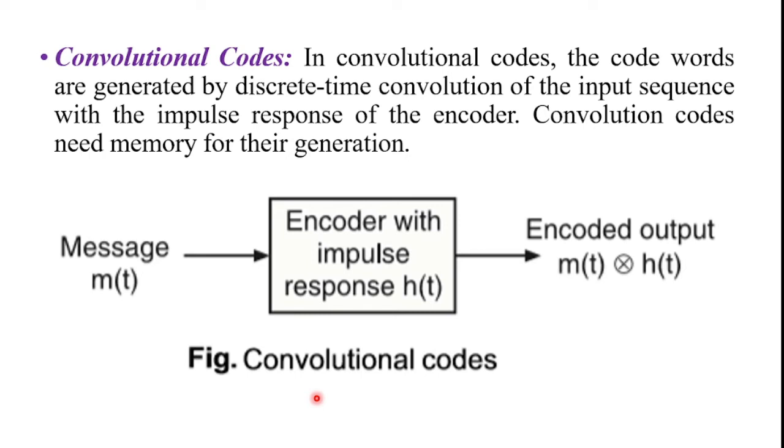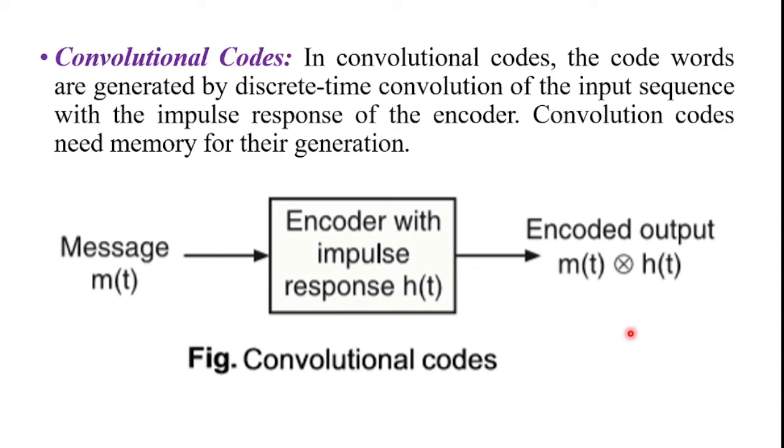The input of the convolutional encoder is the message signal m of t, and the output of the encoder is the convolution of the input signal with the impulse response h of t. So the encoder output is m of t convolution h of t. And this is the definition and structure of the convolutional codes.